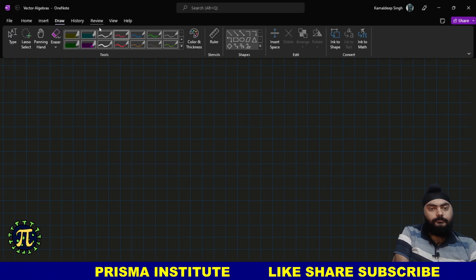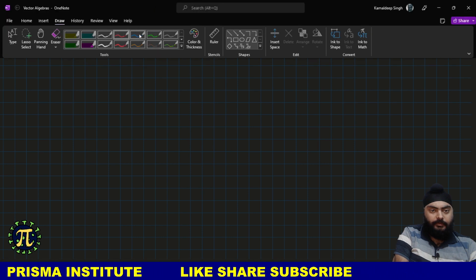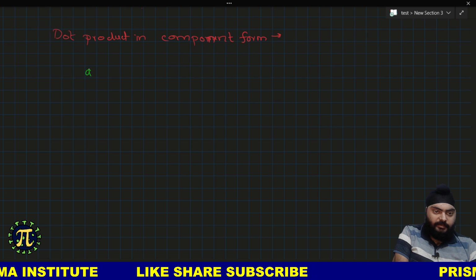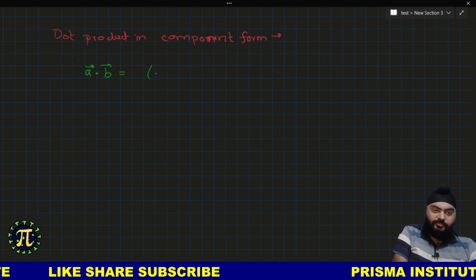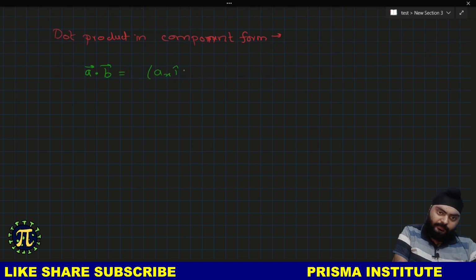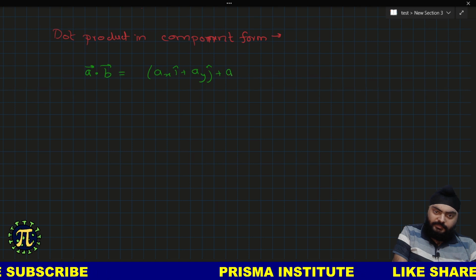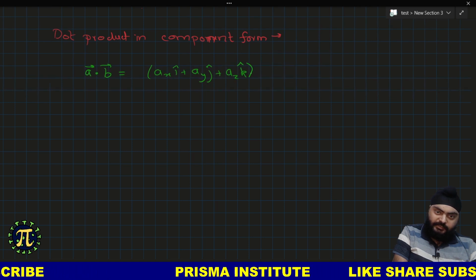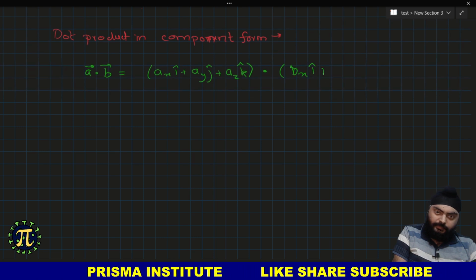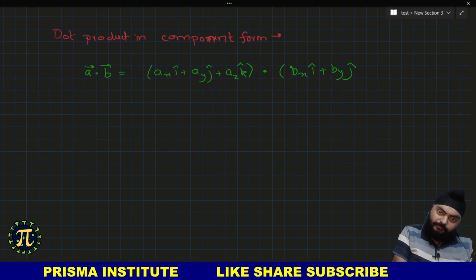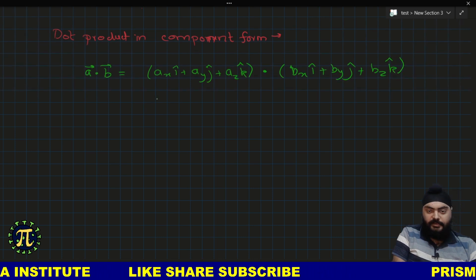Let's take two vectors, let's say A vector dotted with B vector. Let's write A vector in its component form, Ax i cap plus Ay j cap plus Az k cap, and we are taking its dot product with Bx i cap plus By j cap plus Bz k cap, and let's multiply all of these.